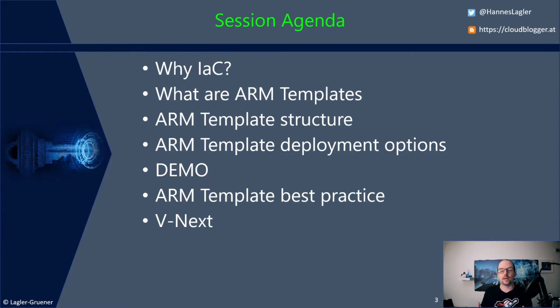Then I will give you an idea about the deployment options which you have for ARM templates. Then we'll switch to my demo environment. I want to show you a real life use case to deploy virtual machines in the Azure cloud.